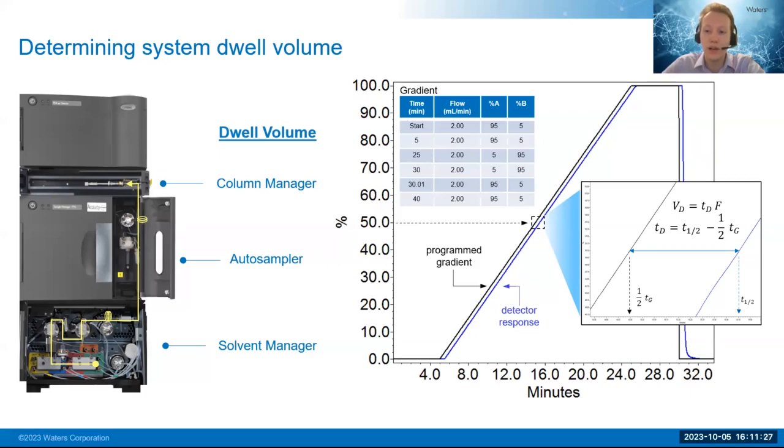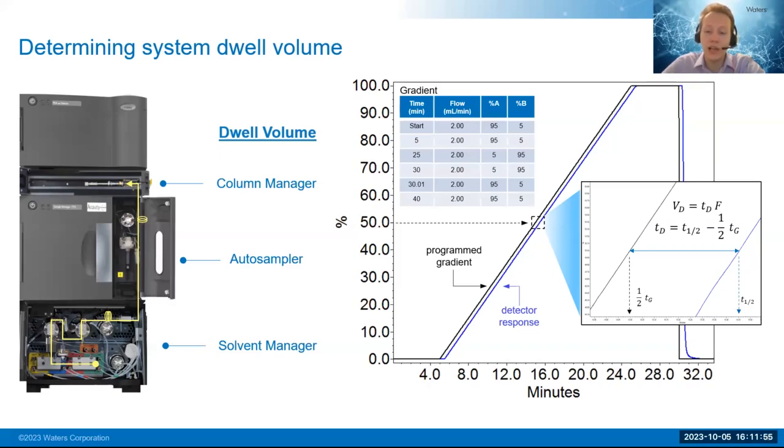And as shown in the chromatogram, the blue trace represents the detector response, and the black trace represents the programmed gradient. So after normalizing the response, we measured the retention time at 50% of the absorbance maximum. And so the difference between the detector response and the programmed gradient was then multiplied by the flow rate to determine the dwell volume of the system.